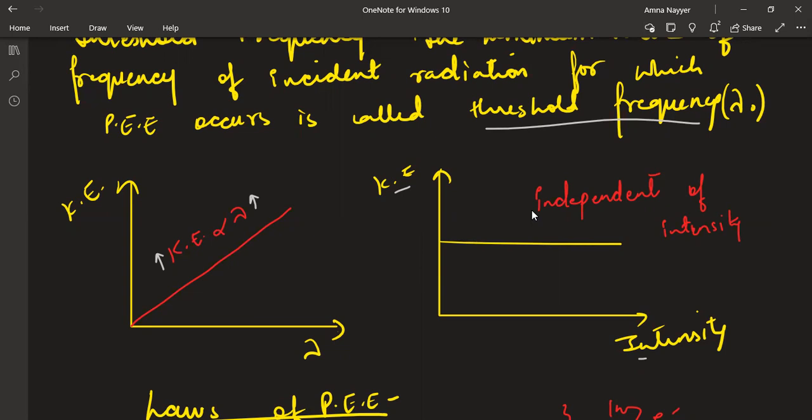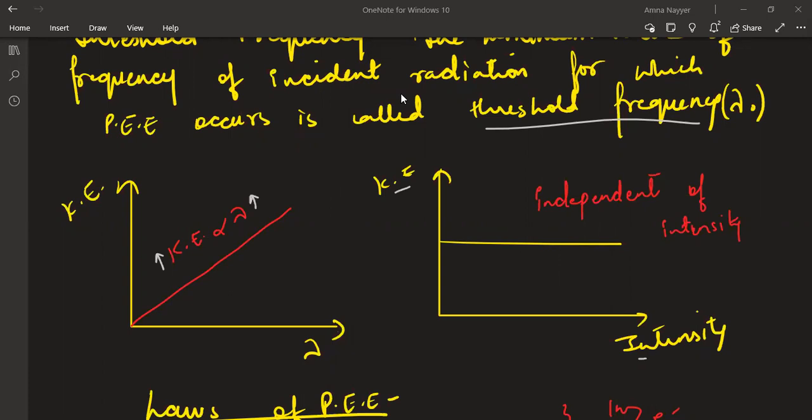They have no relation. Even if you keep on increasing the intensity, there won't be any effect on the velocity of the moving electrons. Kinetic energy gets tripled with the effect of frequency, but not with intensity.